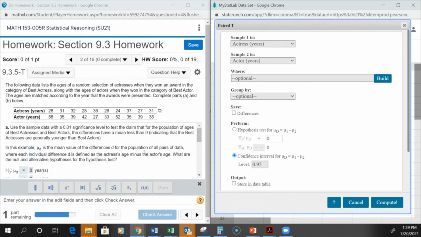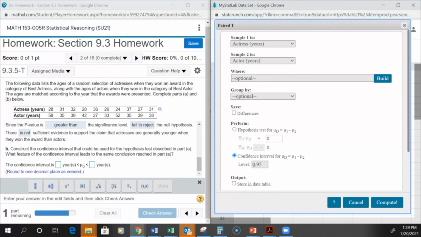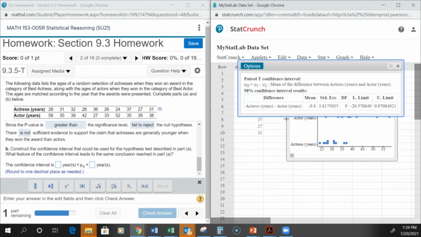Here we have a one-tailed, less than, so 0.01 on the left has to be symmetric. So you also have 0.01 on the right. We have 0.98. The left is negative and the right is positive.